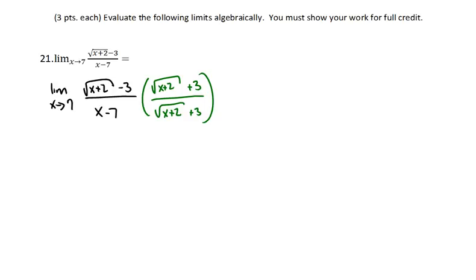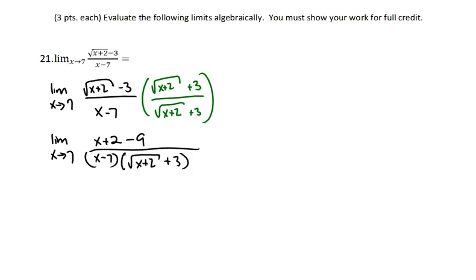Multiplying out that numerator, this is a difference of two squares. It's simply the first term squared minus the second term squared: x plus 2 minus 9. You have to square the 3 to get minus 9 there. All over x minus 7 times the quantity square root of x plus 2 plus 3.